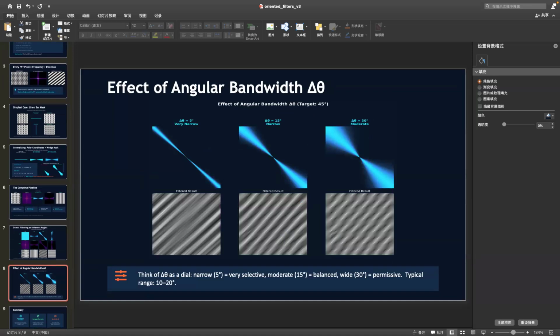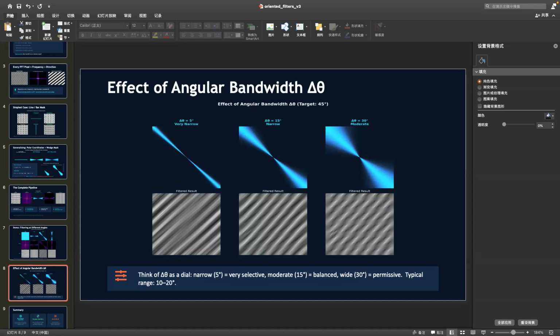One more thing to understand is how the bandwidth delta theta changes your result. With a very narrow bandwidth, like 5 degrees, the filter is extremely picky, almost like a line. Only structures very precisely aligned with your target angle get through. The result is sparse.